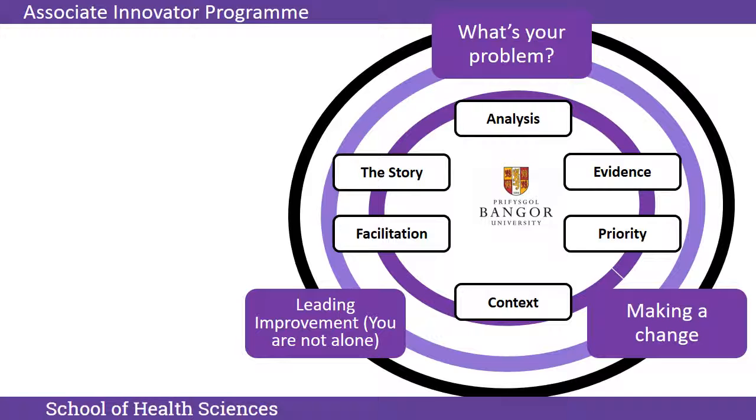So you can see again the 3 aspects of our change model: what's your problem, making a change, and you are not alone. But what we're now really describing that as leading improvement, giving you the skills to deliver the change. The IHI model on which this draws from opens with identifying the aim, the measures and the change that you want to make, which are similar to what we're describing in what's your problem and making a change.